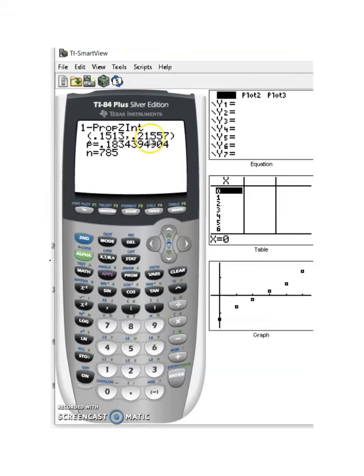So this small discrepancy is okay. You don't have to worry about that. Here is the p hat, which is slightly different, 0.1834, but the actual p hat in the problem was 0.183. So it's slightly different, but it's okay. Then n is 785. So here we go. That's another way to get your confidence interval boundaries.